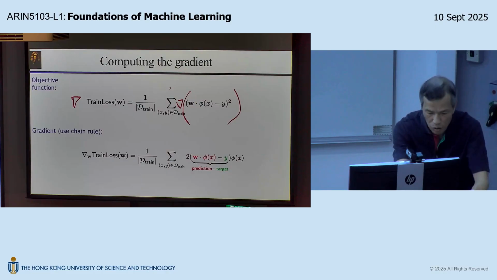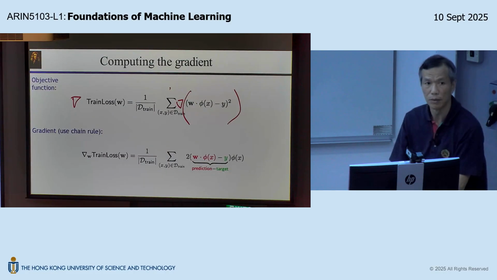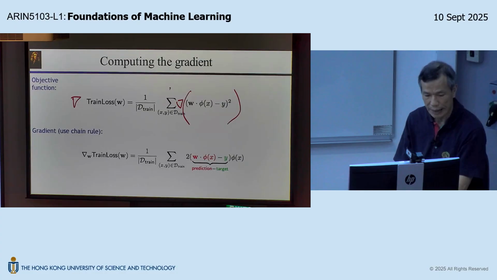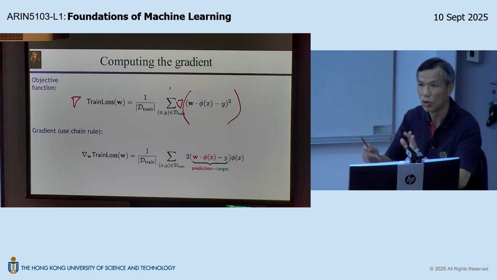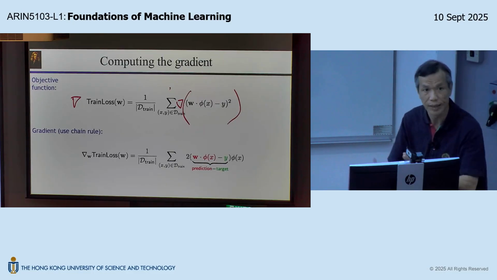Now you have to do this, and your undergrad math course should have told you how to do this. The difference is that this is multivariate calculus, but basically it is very similar. So you have the square, and then you have the 2, which is from here, and then you have this, which is from here. Here I assume that you know how to do basic differentiation, and so from the objective you can obtain this gradient.